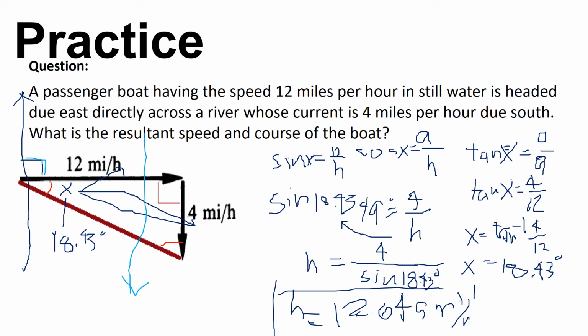The actual course of the boat is 90 degrees plus 18.43. 90 plus 18.43 is 108.43. That's the course of the boat.